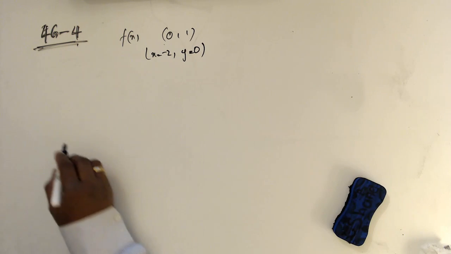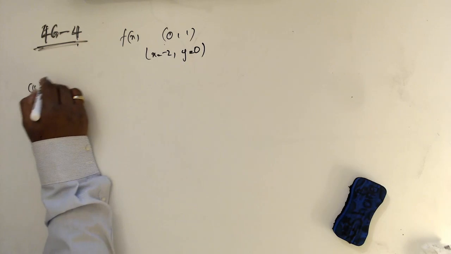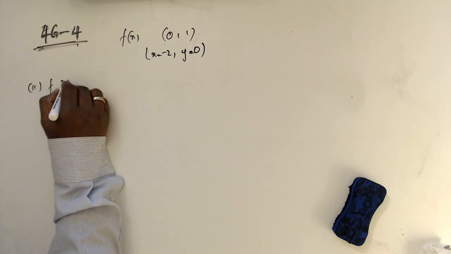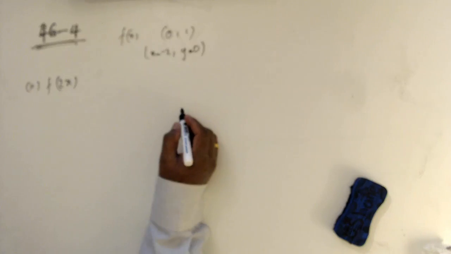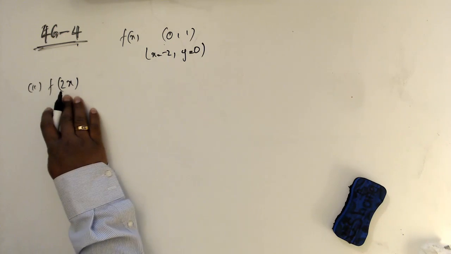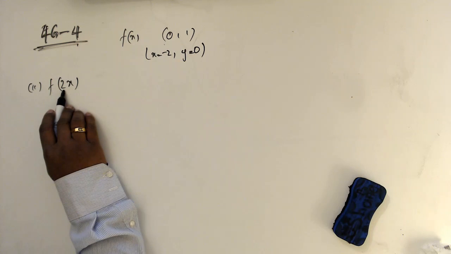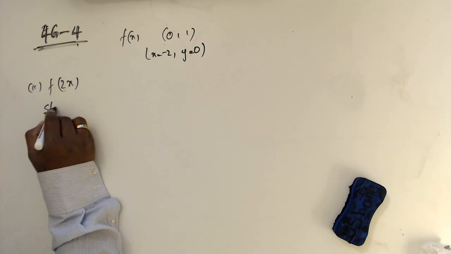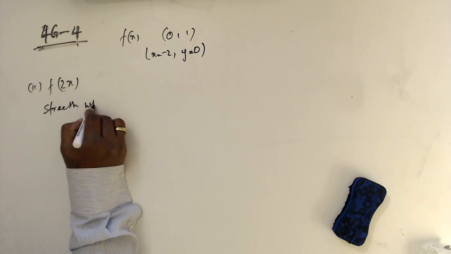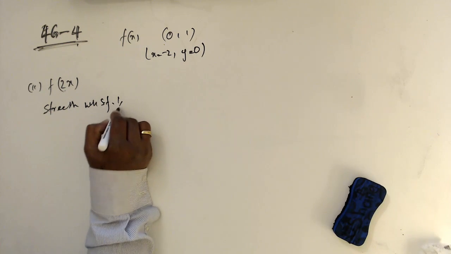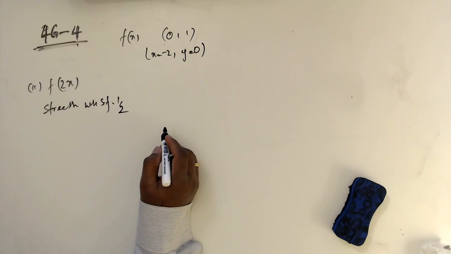Now the next one is f(2x). Now this is going to be affecting the x values. So this is a stretch with a scale factor of half.